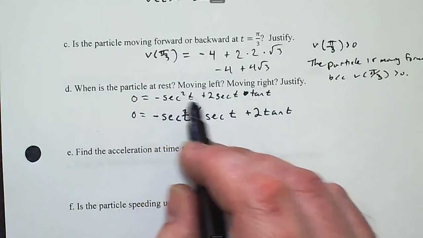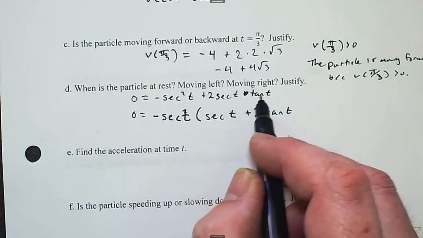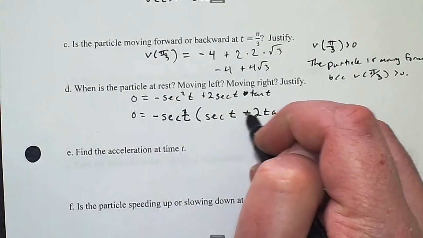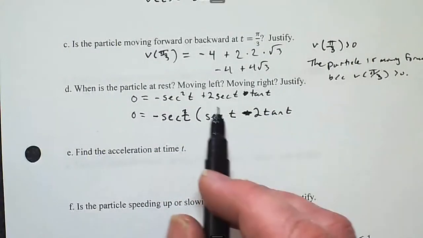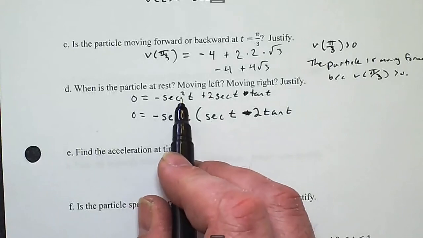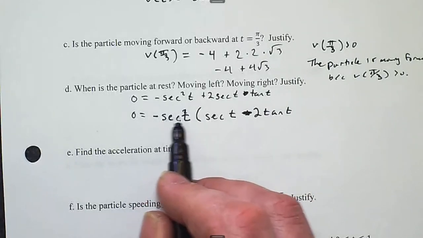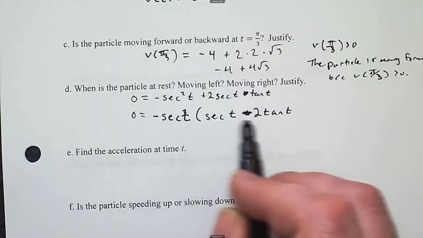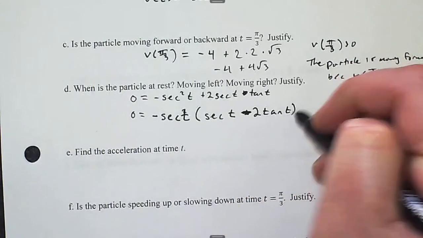Negative secant squared plus 2 secant t times tangent t. I factor out a negative secant. I'm struggling here. So negative secant squared t divided by negative secant t is a positive secant t. And then plus 2 secant tangent becomes minus 2 tangent.